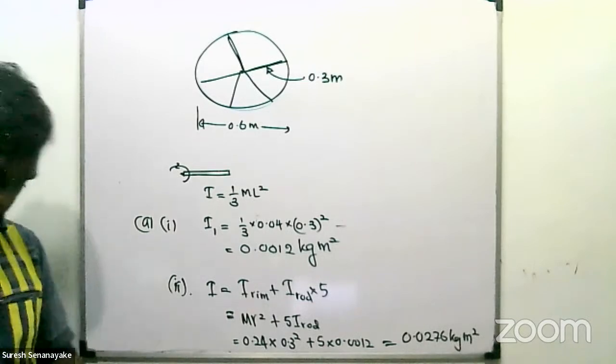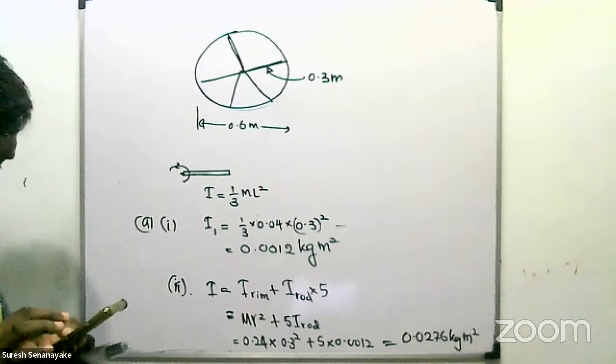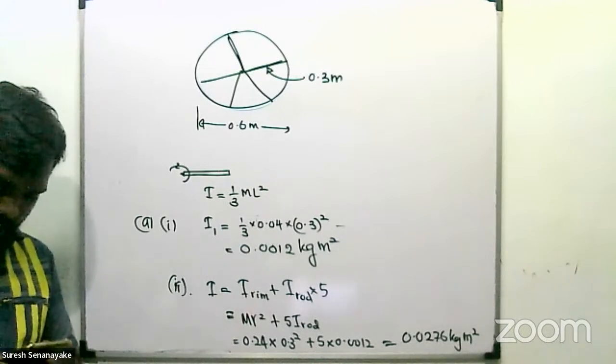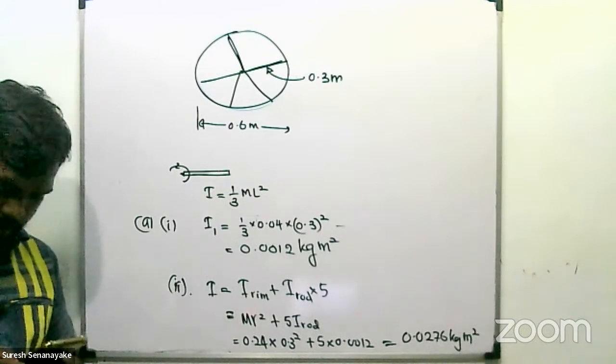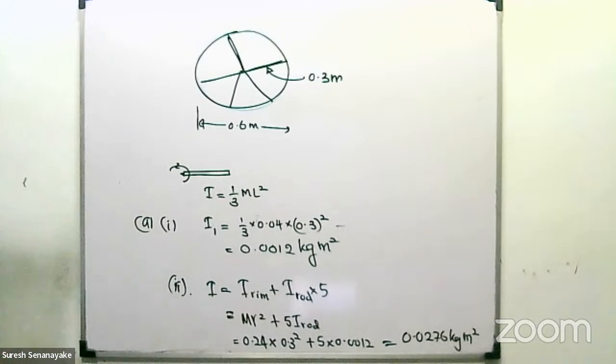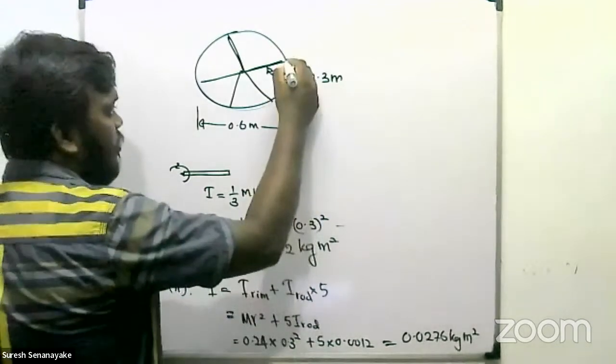Okay. Next, the wheel is placed in a test rig and rotated as shown in the figure. The tangential velocity of the rim is 19.2 meters per second. Calculate the angular velocity of the wheel. Tangential velocity means the velocity of a point at the edge, like this.